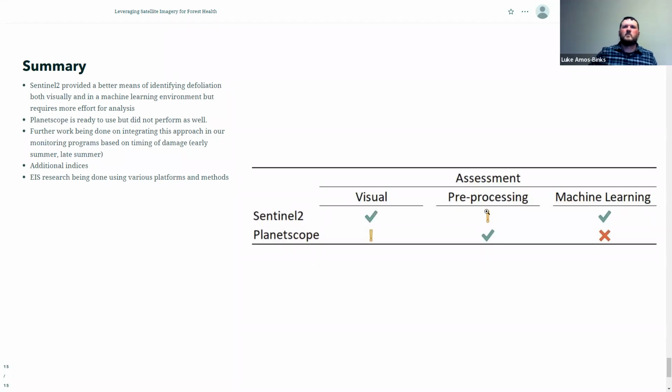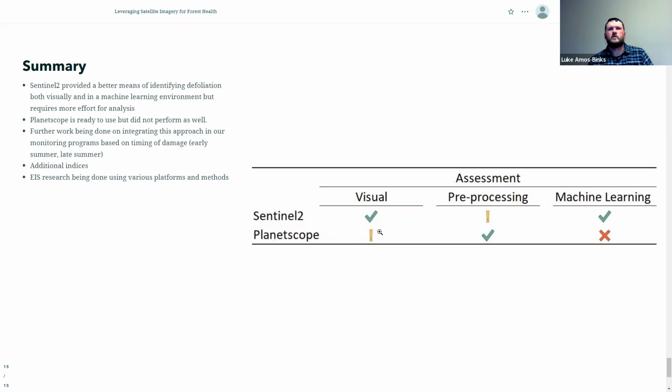This was a one-off project, and moving forward, we're going to try and automate some of this to make it a little bit smoother. It's not ready to use right away; you have to look at cloud cover and that sort of thing. But it worked pretty well in the machine learning supervised classification to get us a model that we could use.